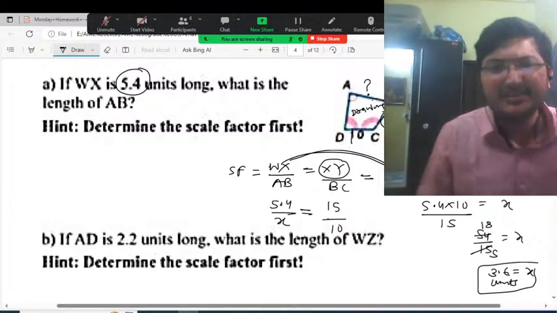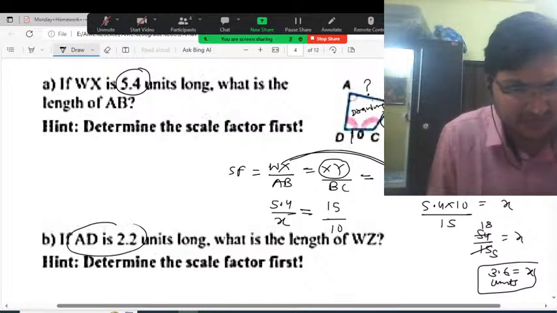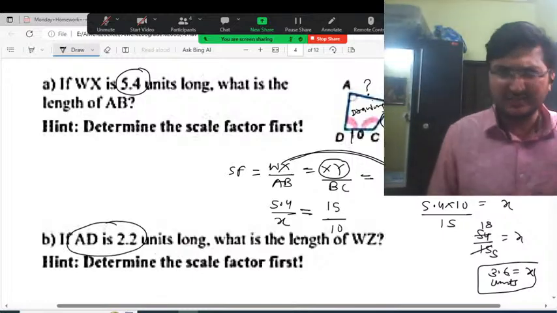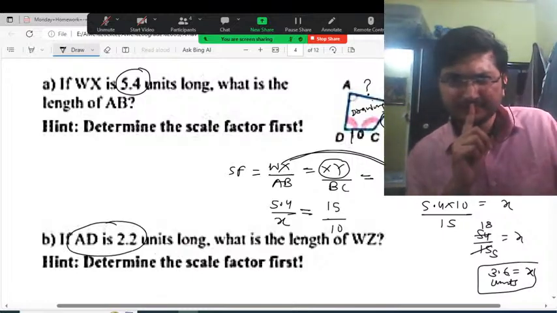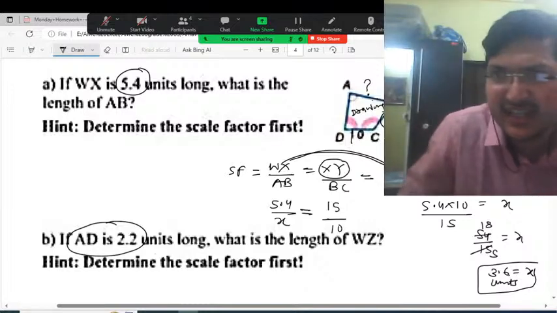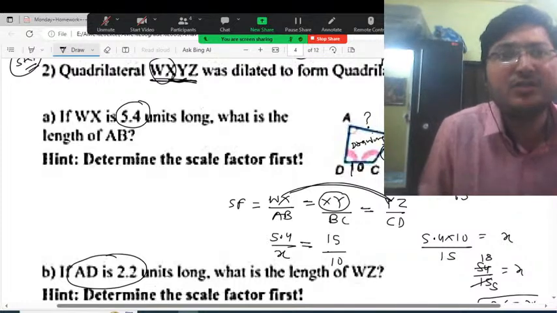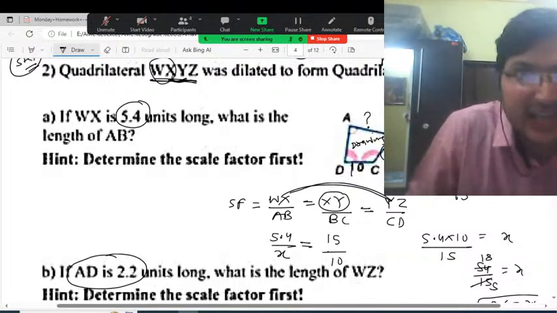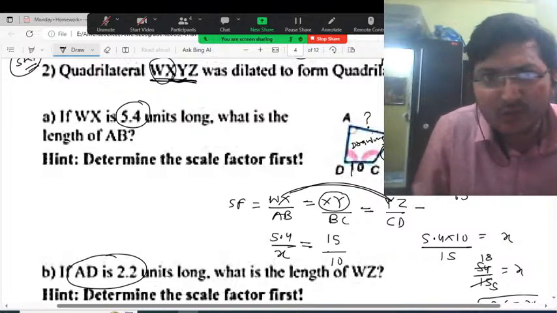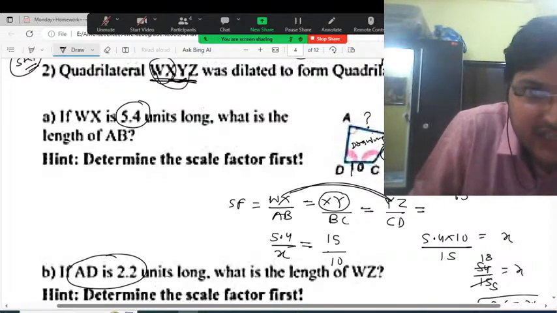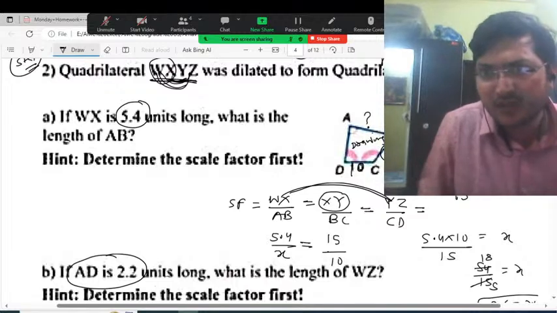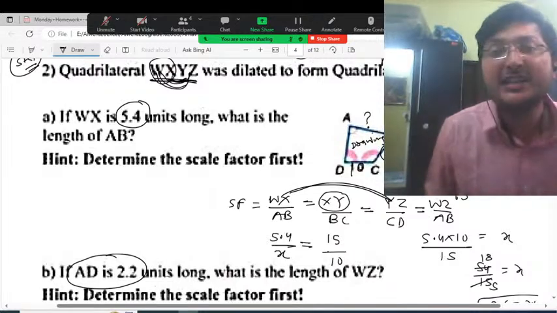Similarly, we have another question. If we are given AD, can you answer WZ? I want you to answer it, because here you can just say that WX over AB equals XY over BC and YZ over CD, and one more thing, WZ should be equal to AD, because in similar figures the corresponding sides are proportional.